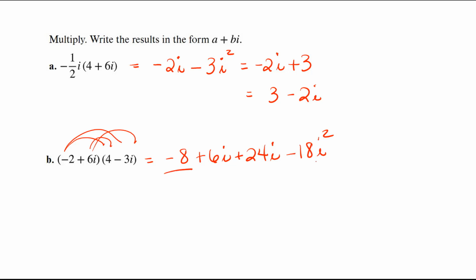So these are our real parts, because negative 18i squared is positive 18. So negative 8 plus 18, and then we have 30i. We're adding our like terms: 6i plus 24i is 30i. So that is going to be 10 plus 30i, and that is in the proper form. Real part first, imaginary part second.